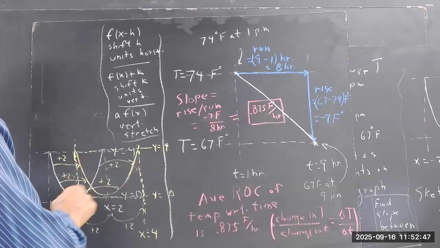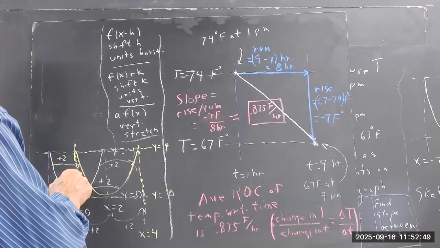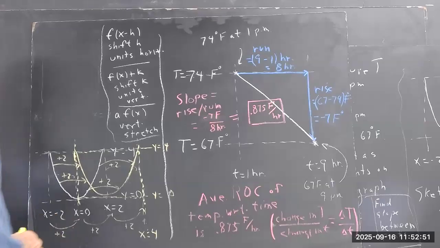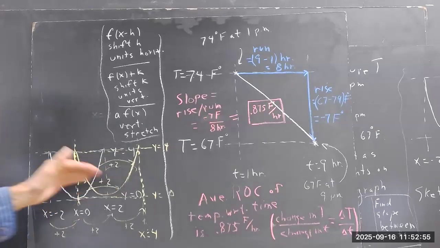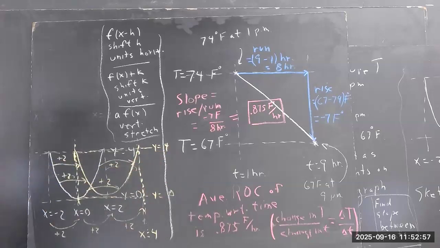Now, I'm not sure why I drew those things curved, except that's kind of the way you usually draw transformations of the graph. And that'd be a straight horizontal line, shifting everything over 2 units, okay?